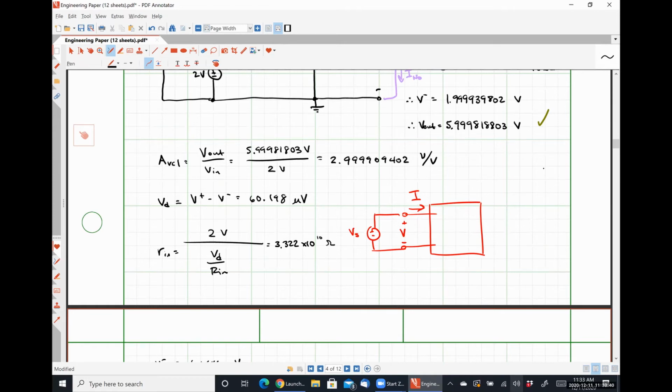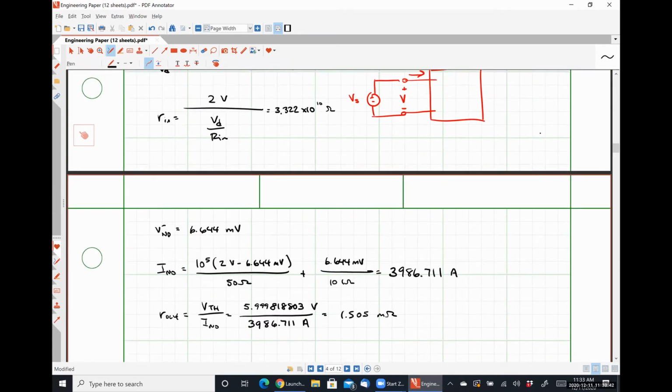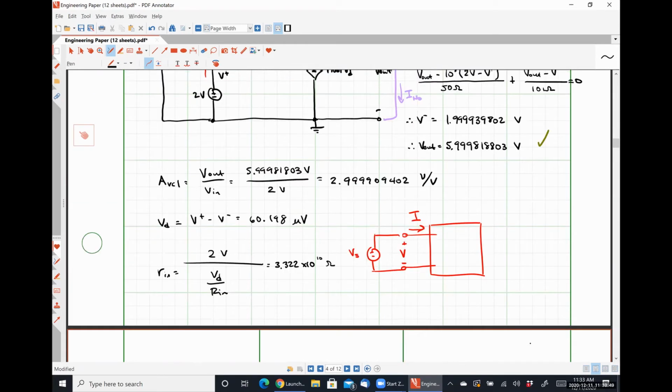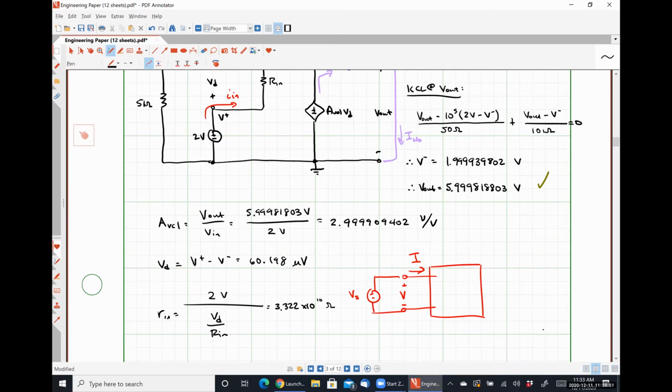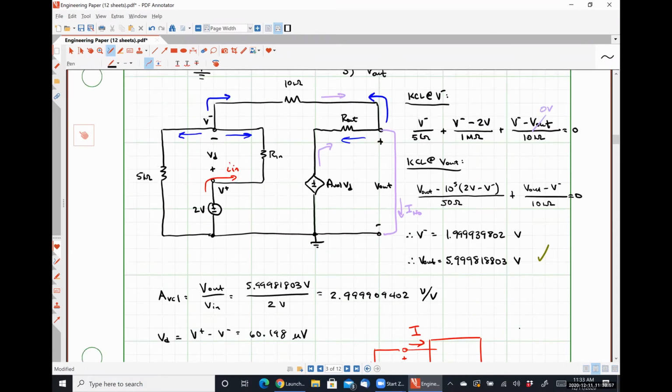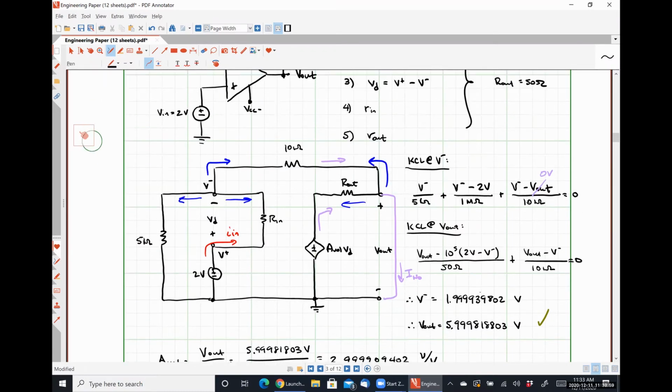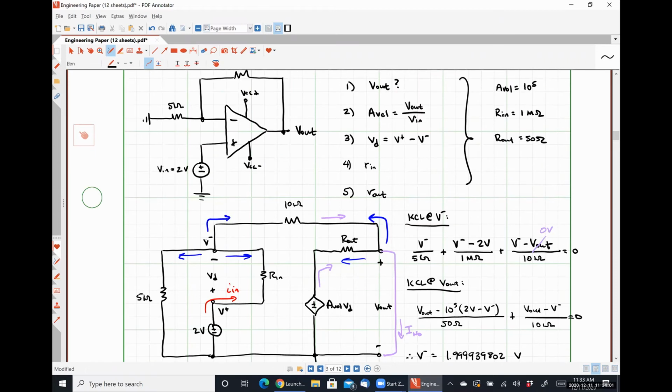And R out was 1.505 milliohms, which is about 5,000 times smaller than the smallest resistance in our system, which was capital R out of 50 ohms.